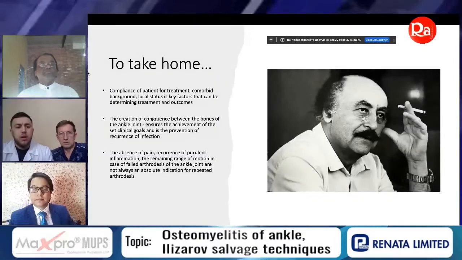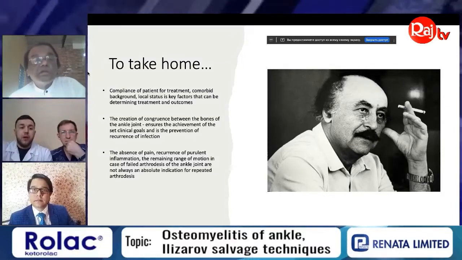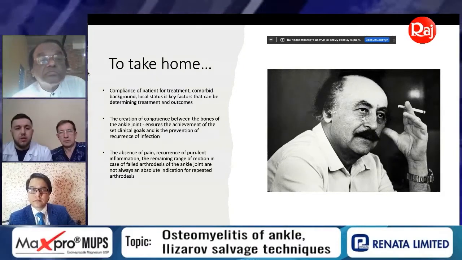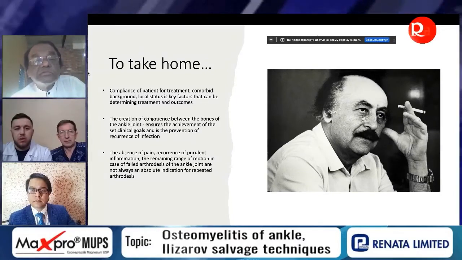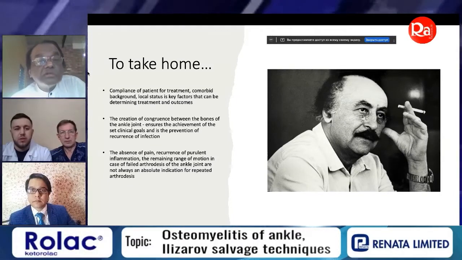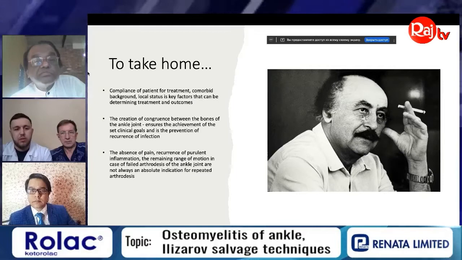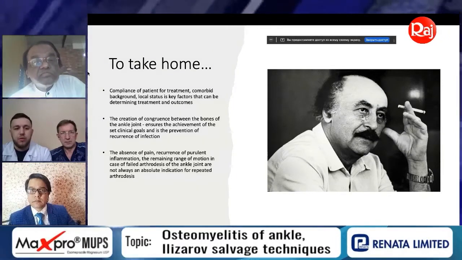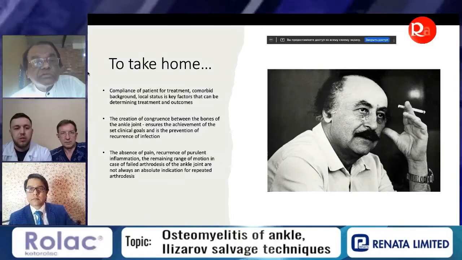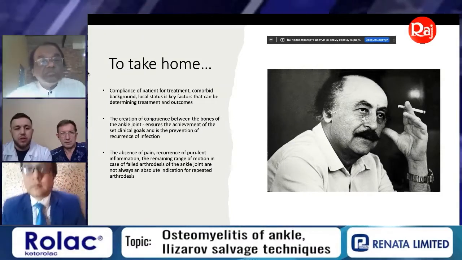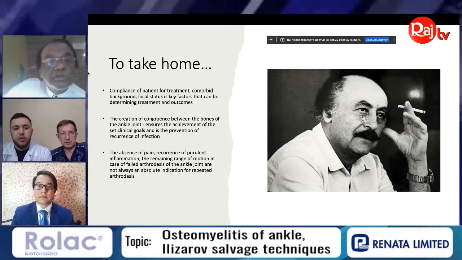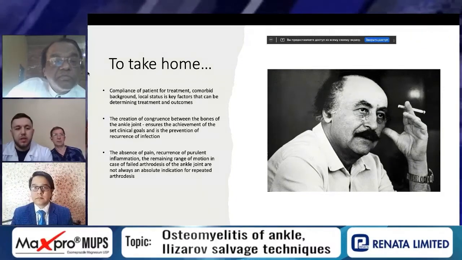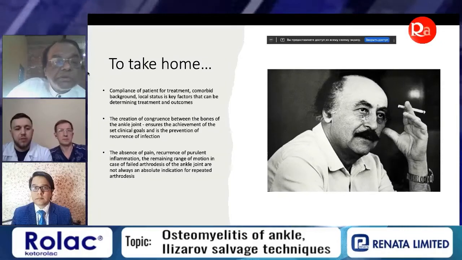So finally, compliance of the patient for treatment, the comorbid background, and local status are the key factors that can determine treatment and outcomes. The creation of congruence between the bones of the ankle joint ensures the achievement of the set clinical goals and the prevention of recurrence of infection.